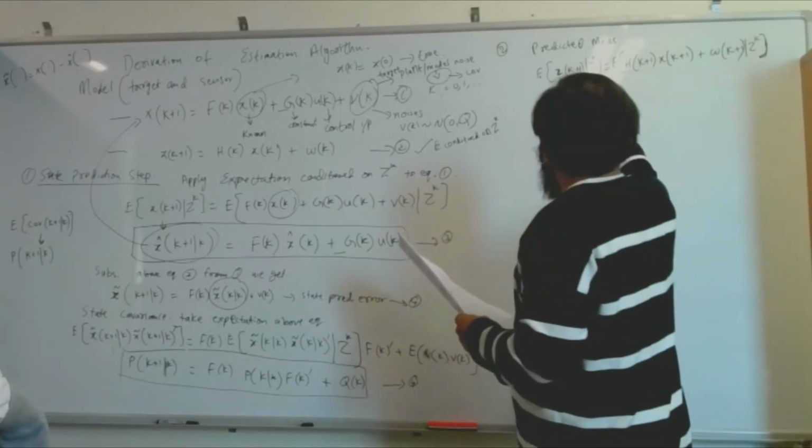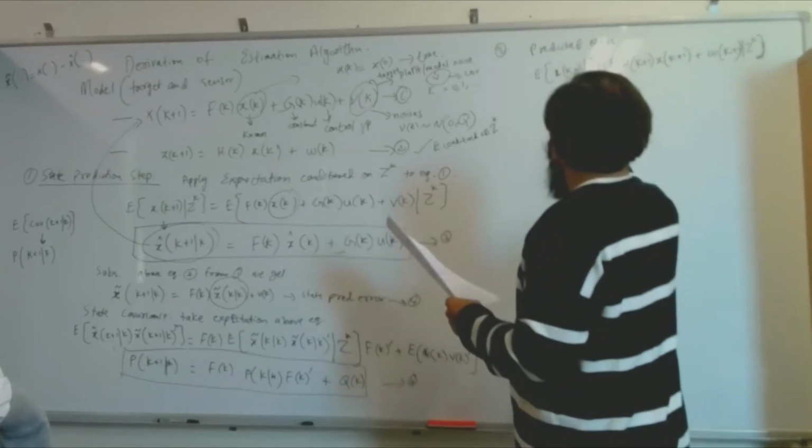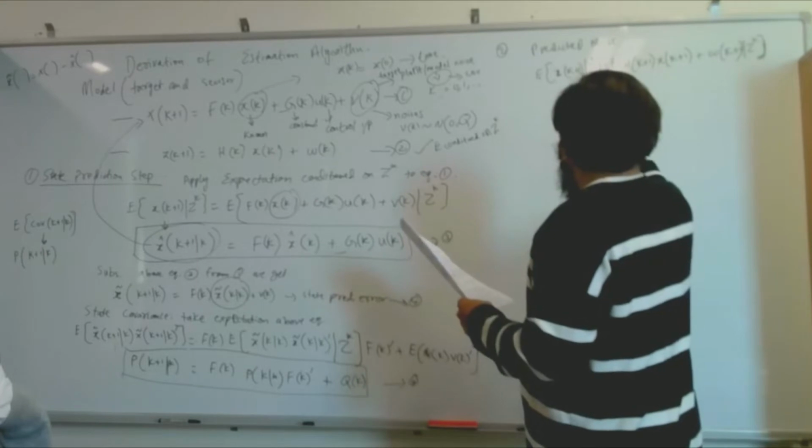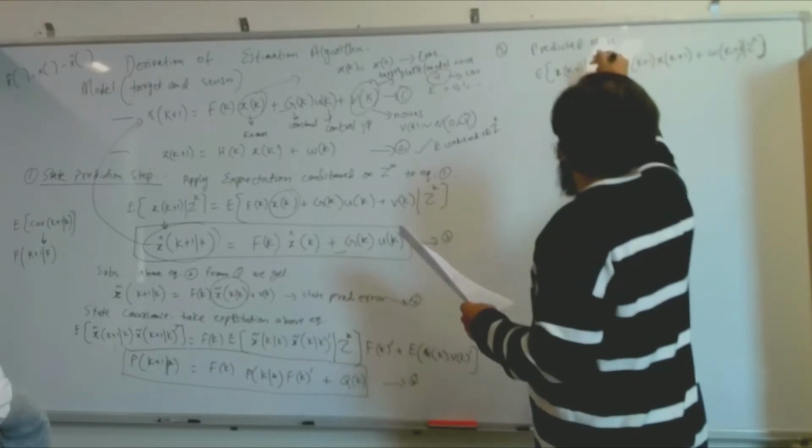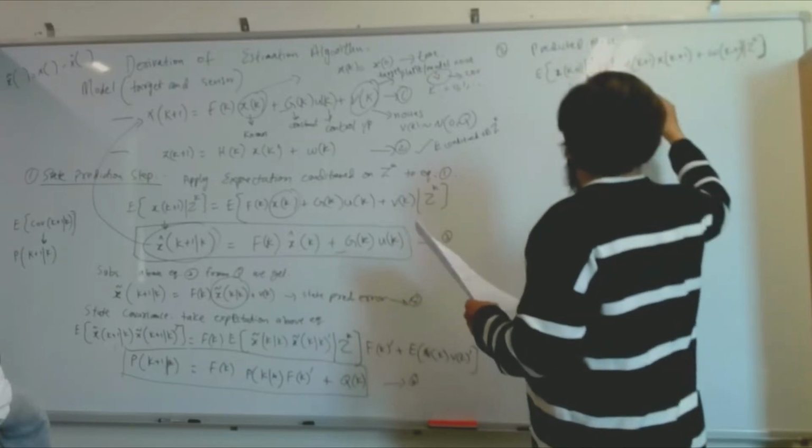So this is the mean value of zk plus 1, conditioned on k, this is k plus 1.